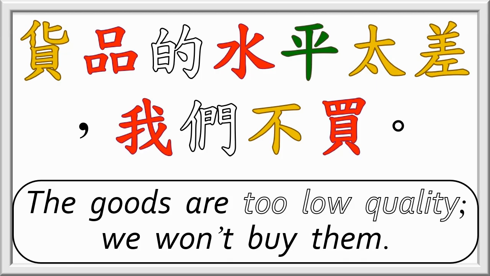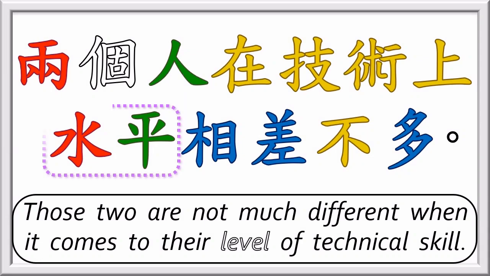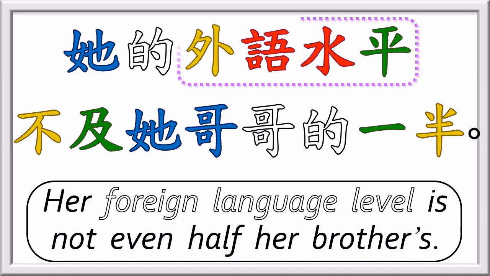The goods are too low quality. We won't buy them. 两个人在技术上水平相差不多. Those two are not much different when it comes to their level of technical skill. 他的外语水平不及他哥哥的一半. Her foreign language level is not even half her brother's.